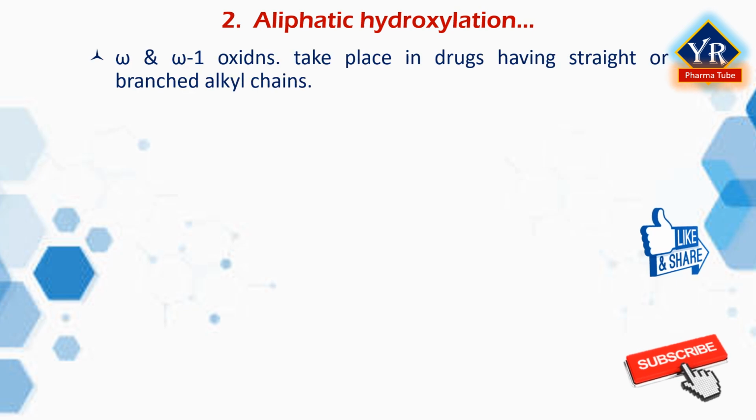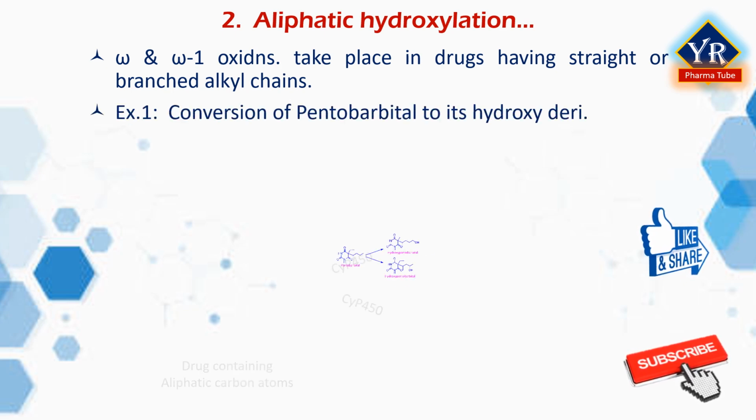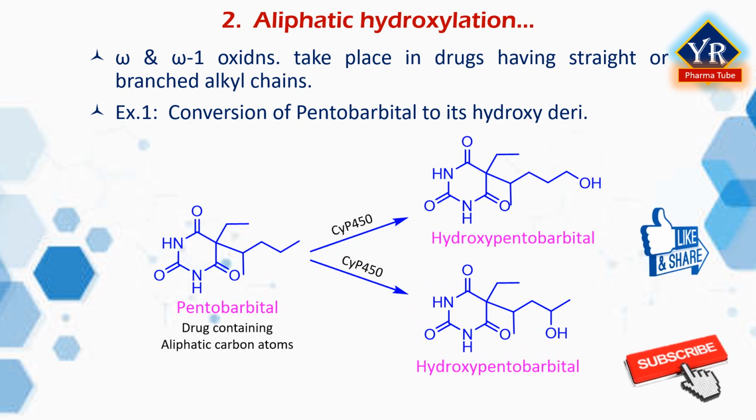Aliphatic omega and omega-1 oxidations commonly take place in drug molecules having straight or branched alkyl chains. For example, pentobarbital is oxidized or hydroxylated at omega and omega-1 carbon atoms of its pentyl side chain to form its corresponding hydroxy derivatives.